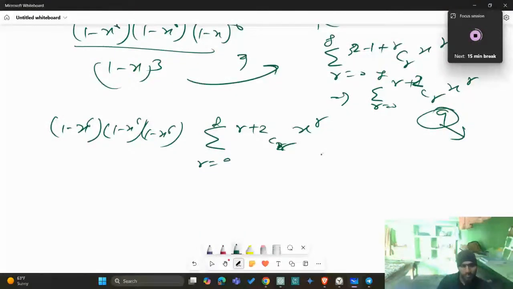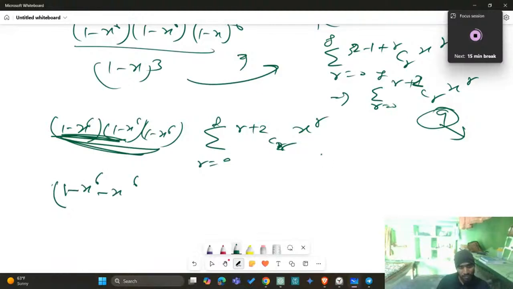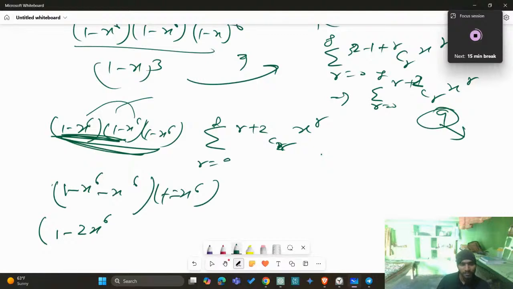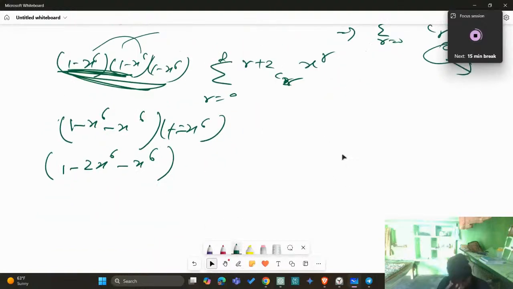We get it from the multiplication: 1 minus 3x to power 6, and the x to power 12 term we will not include because it is already beyond 9. When the power of x becomes greater than 9, we do not include it because it is not useful.